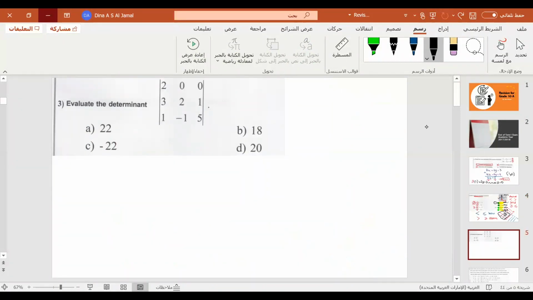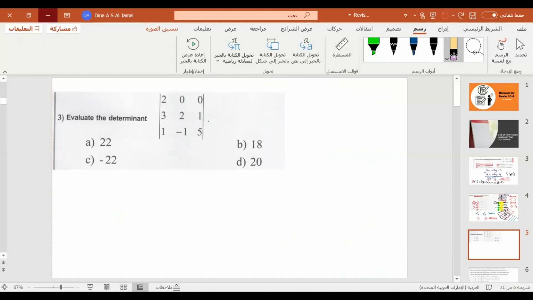Evaluate the determinant, and I'm having a 3 by 3 determinant. In your book, you are having the diagonal method. I have another method for you, and you can decide which is easier for you.